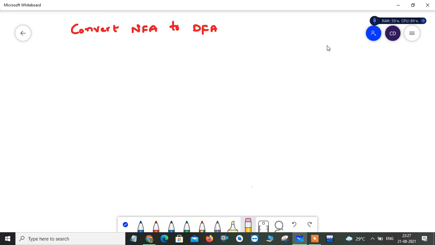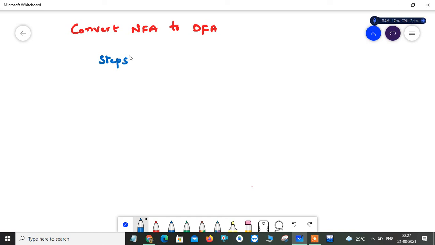First of all, a finite automata can be represented in two ways: a transition table or a state diagram. Now the question is given to you in either representation. If you have the transition table directly, don't worry about that.